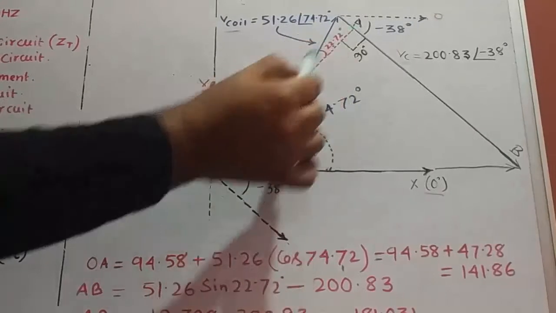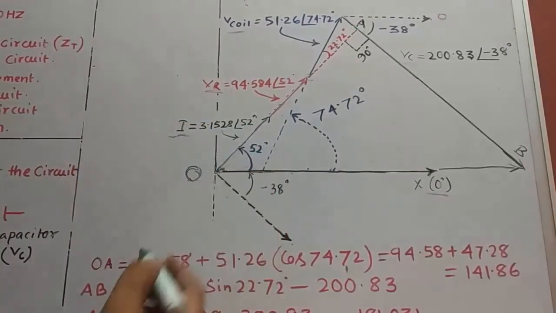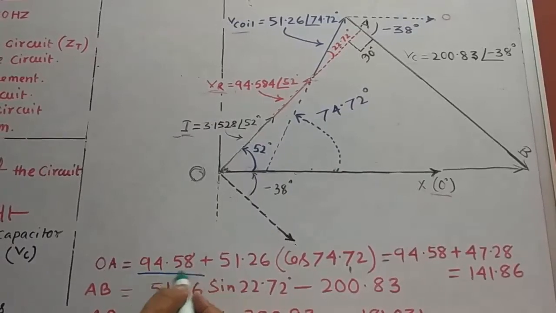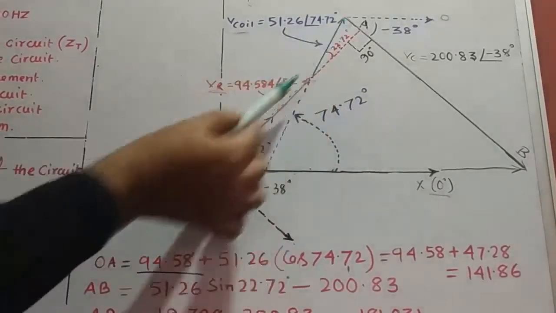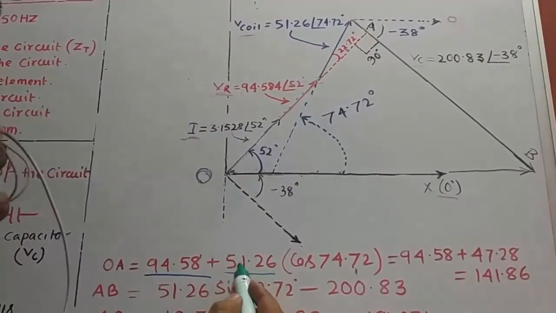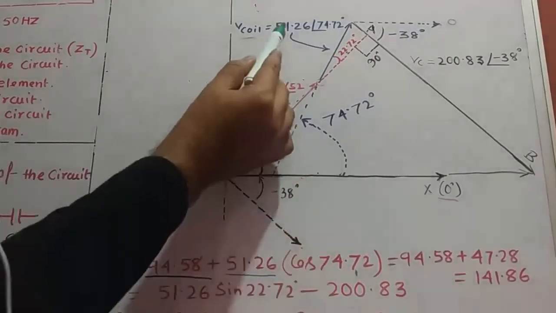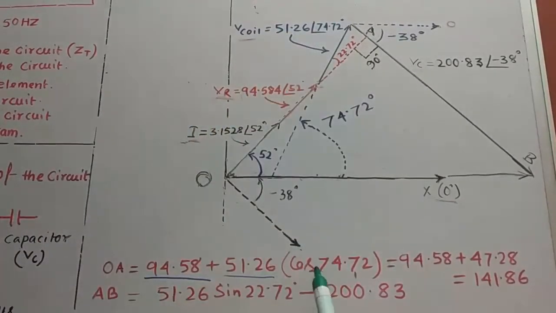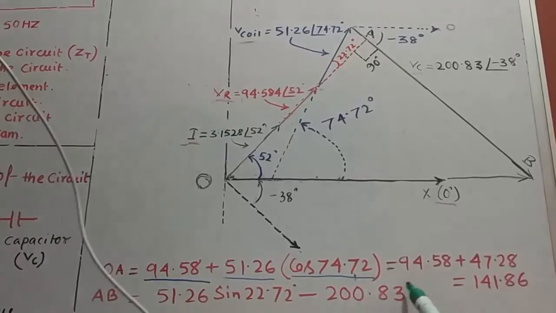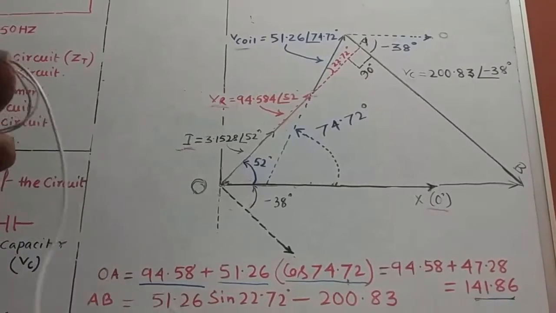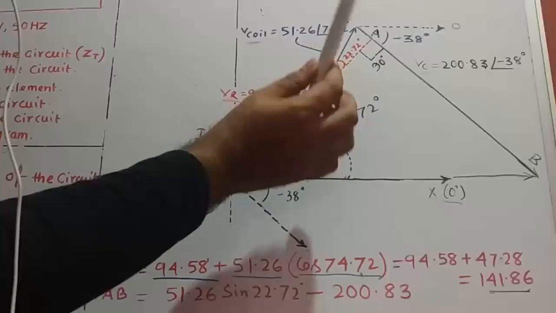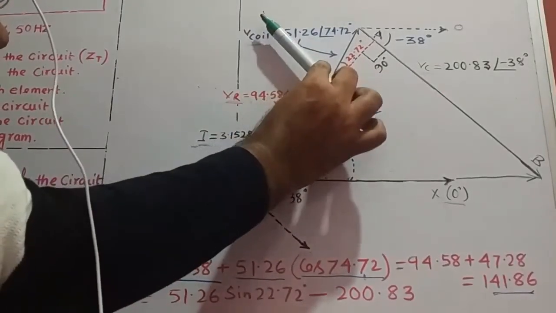The magnitude is 94.58, and I am not writing the angle because I am taking this component only, plus 51.26 times cos 22.72. This comes to 141.86.